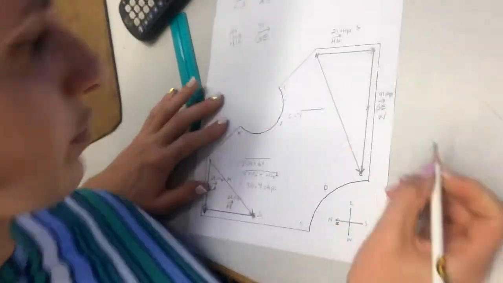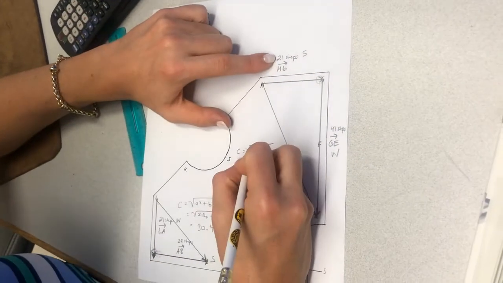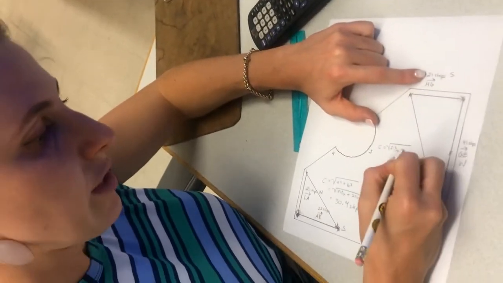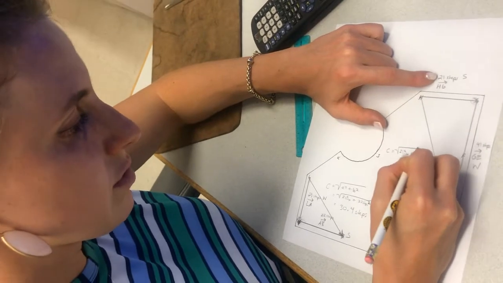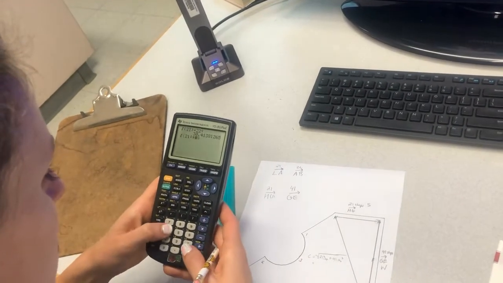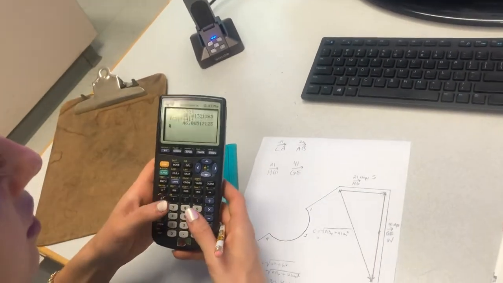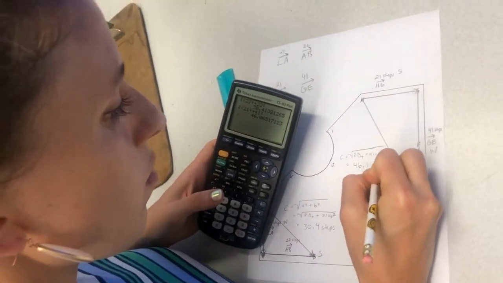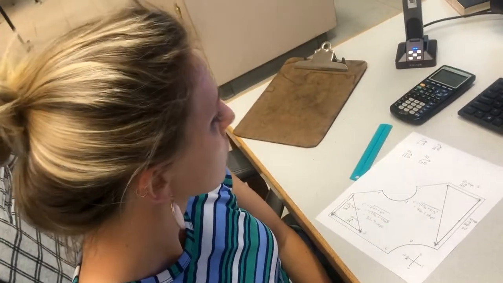C equals the square root of a squared plus b squared, 21 steps squared plus 41 steps squared, and I get 46.1. I wonder if this stuff works. I wonder if you went out in the quad and counted steps, if it would be right. Let's go check. Let's try it.